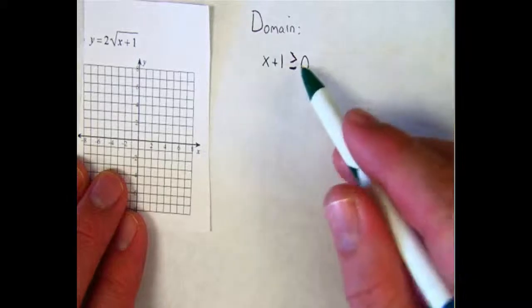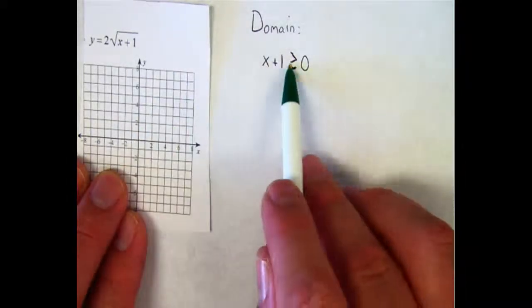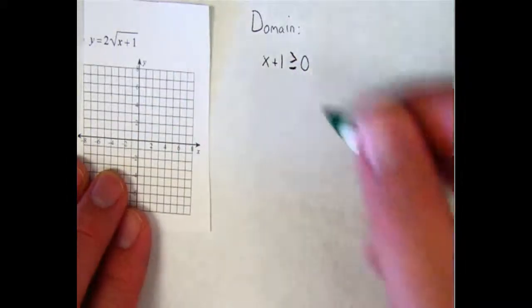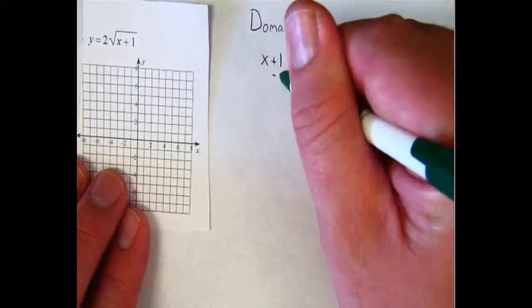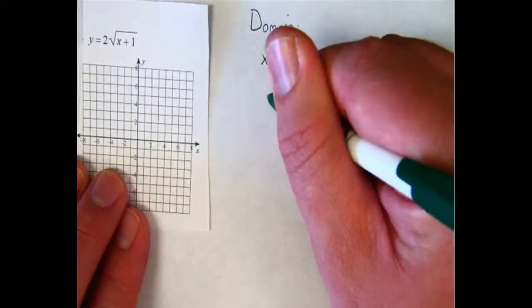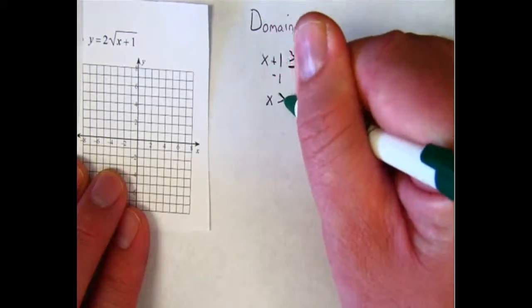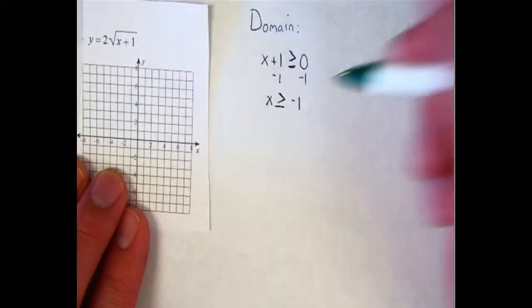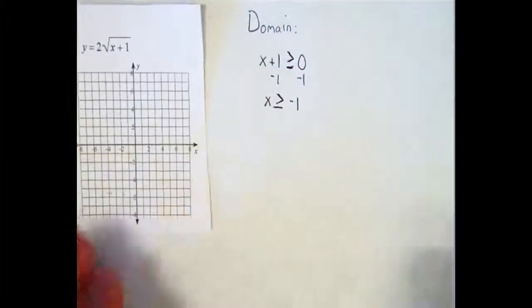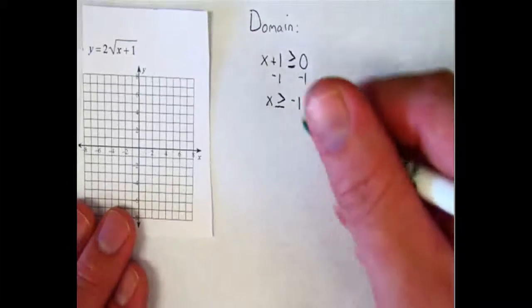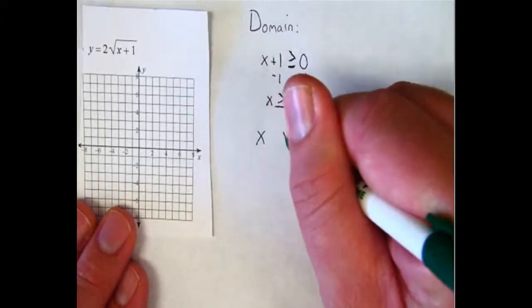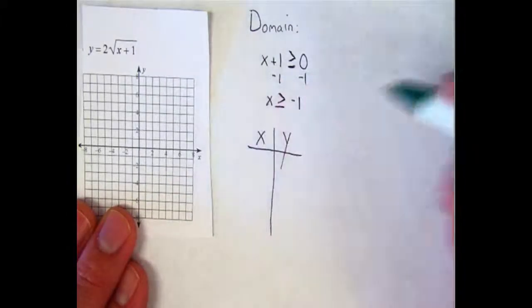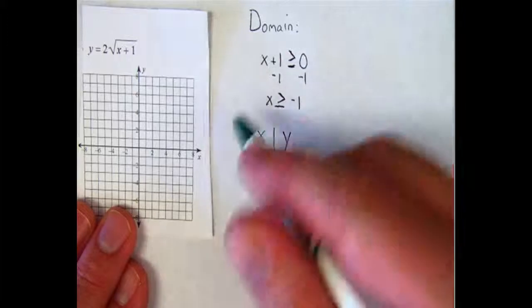It's always greater than or equal to 0. You set the part underneath greater than or equal to 0. And now what I can do is solve this for x, and I find that x must be greater than or equal to -1. And so what that does, again, is tell me where I can start my x values, where I can start looking.